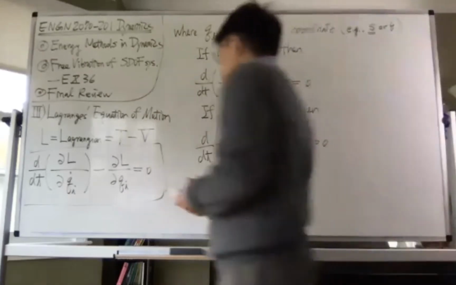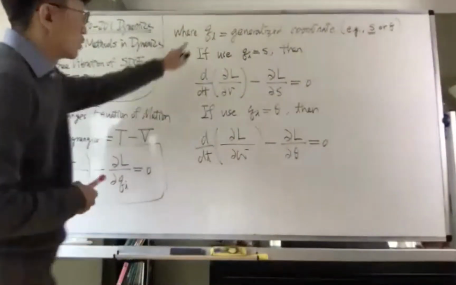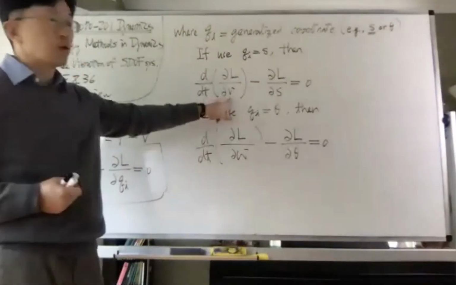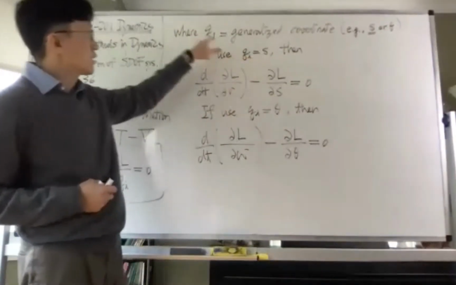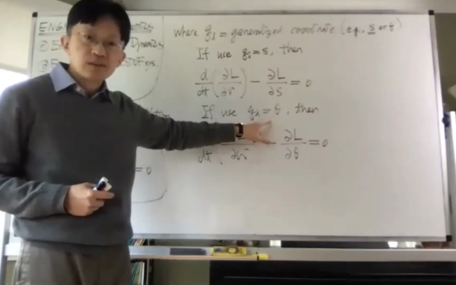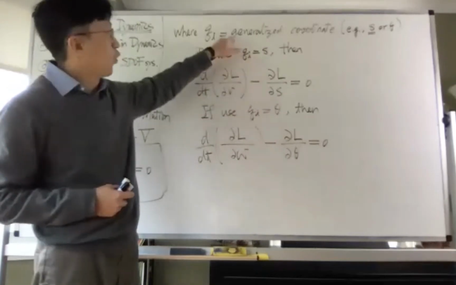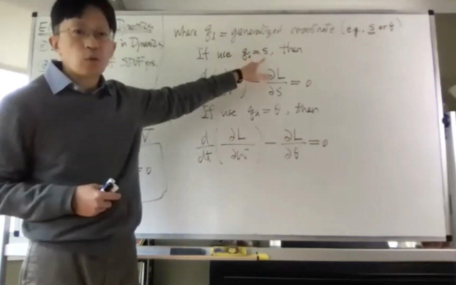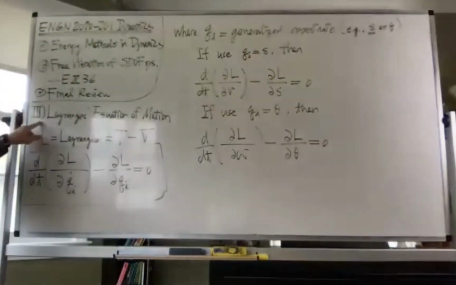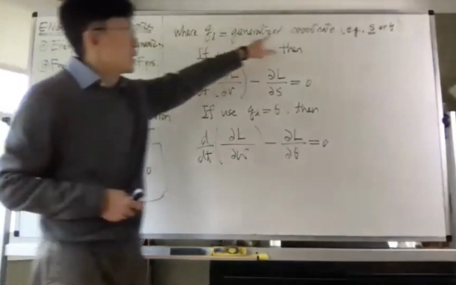And here you can see the power of generalized coordinates, because I don't want to say this is only true for linear displacement, and I don't want to say this is only true for angular displacement, because it's true for both. Therefore, I can't call this either linear displacement or angular displacement. That's why Lagrange called it generalized coordinate.